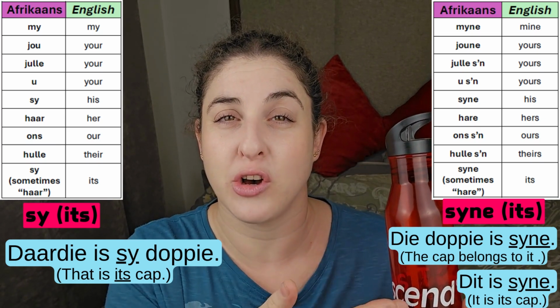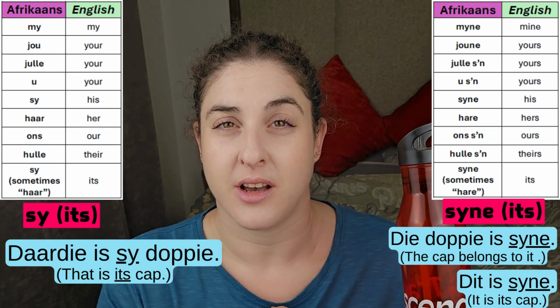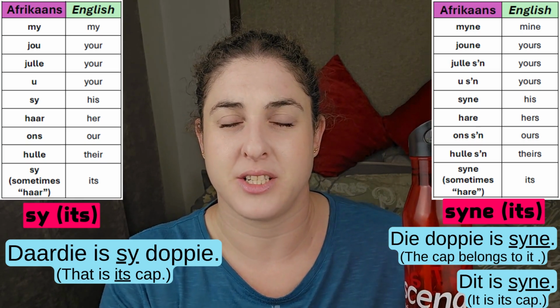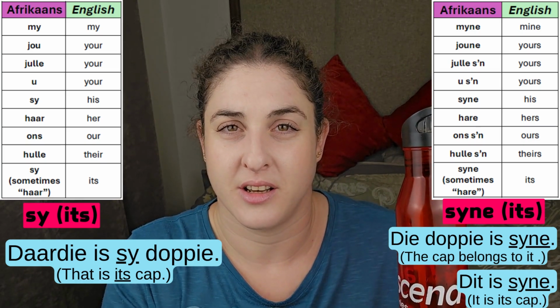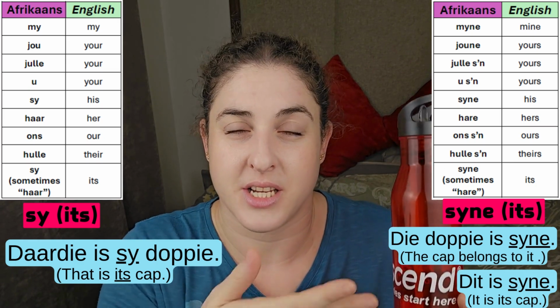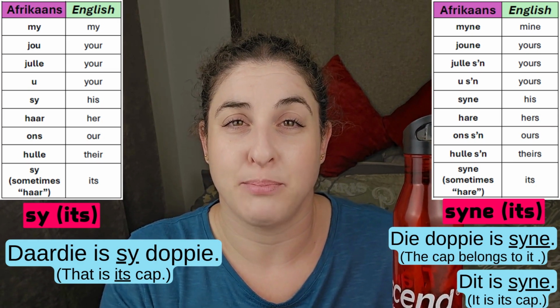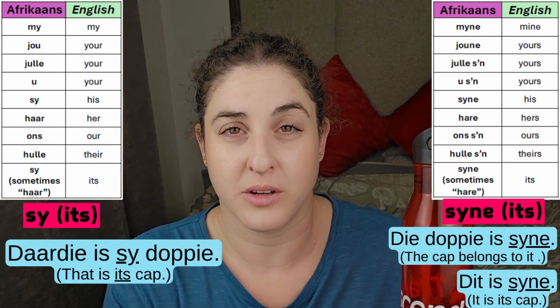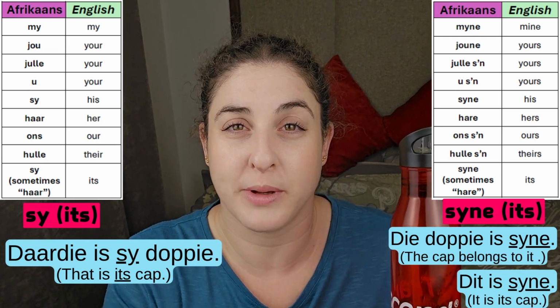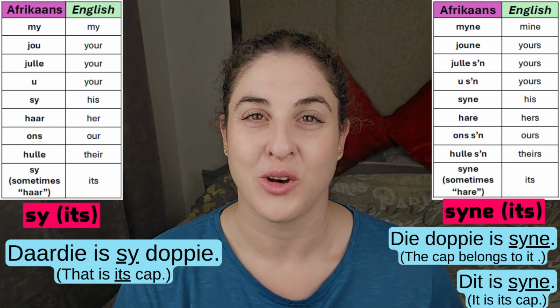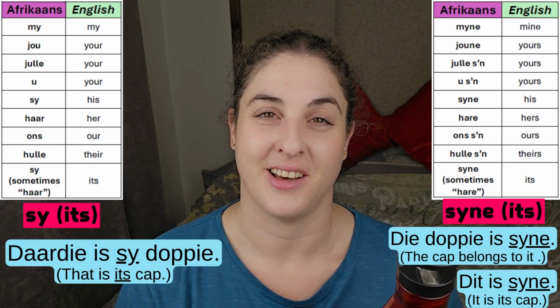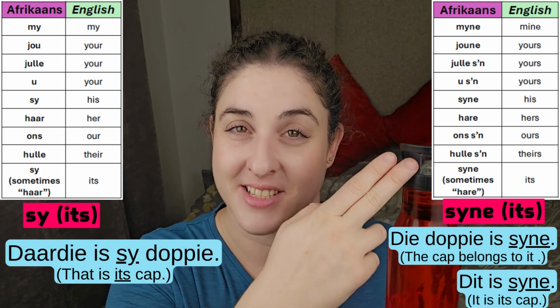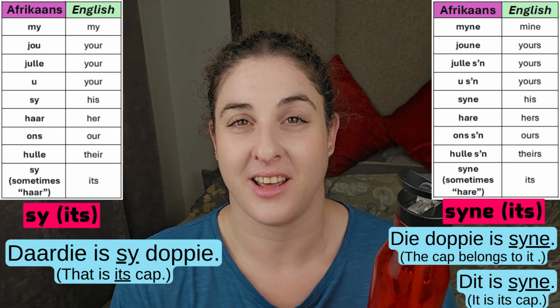The cap belongs to it. So in English, I don't generally say the cap is its. So it'll be it is its cap or the cap belongs to it. But in Afrikaans, we do say die doppie is syne. Or very simply, dit is syne. It is its cap. And that is it for the possessive pronouns.